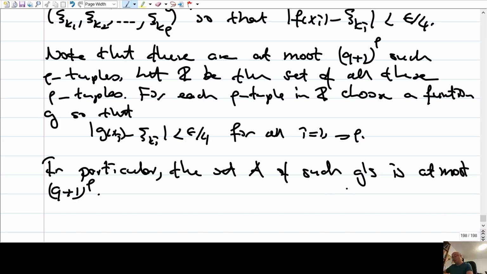So there are at most this many functions.